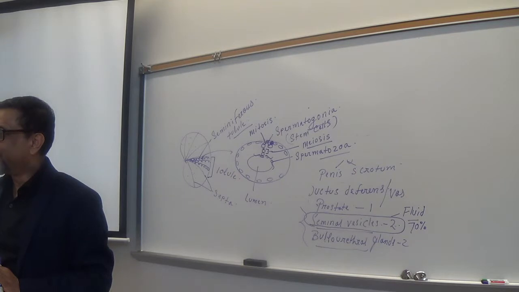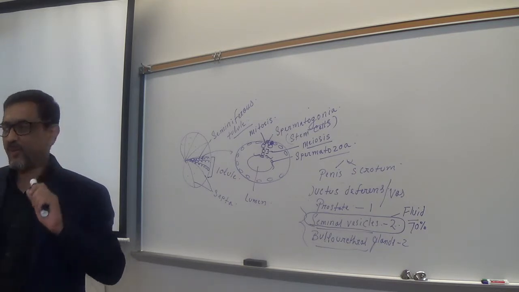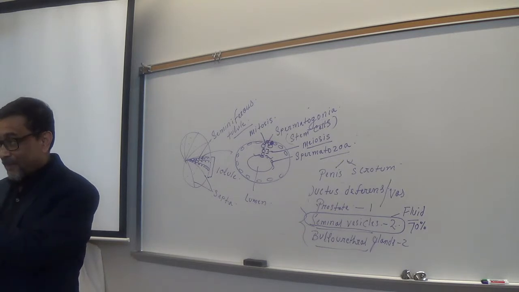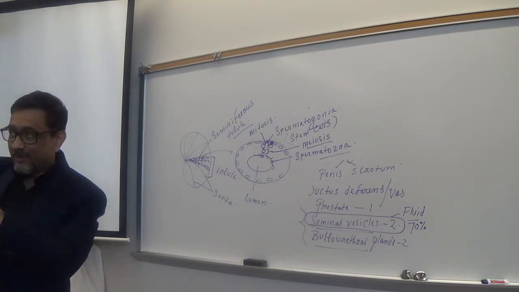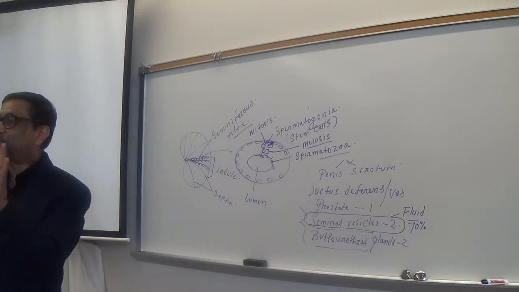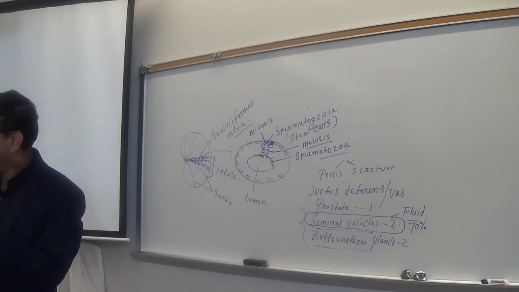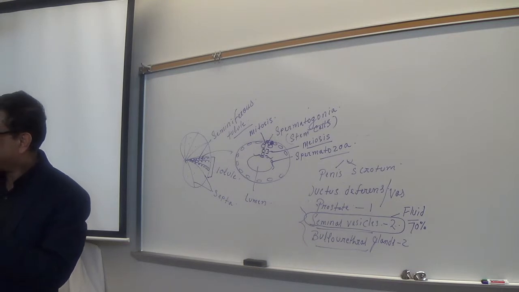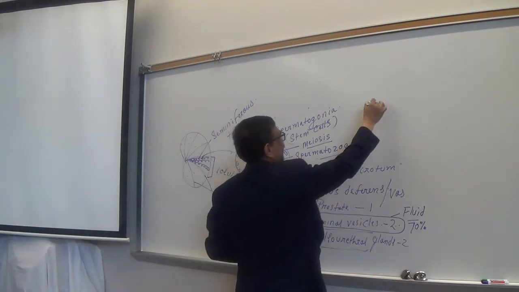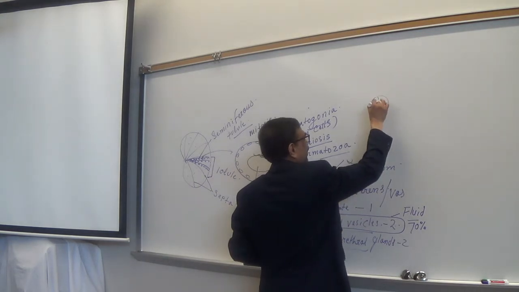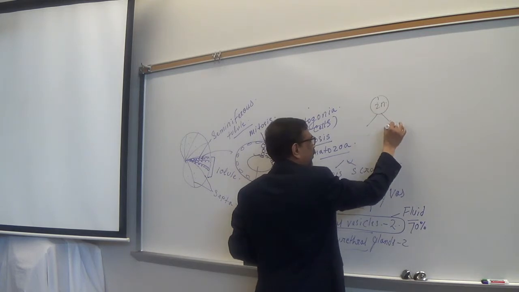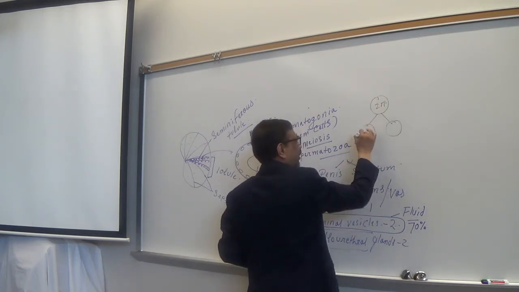Is it clear? Now, what's the purpose of meiosis? It reduces the chromosomes to half. Mitosis will keep the chromosome number the same in daughter cells, like we said 2n, 46.